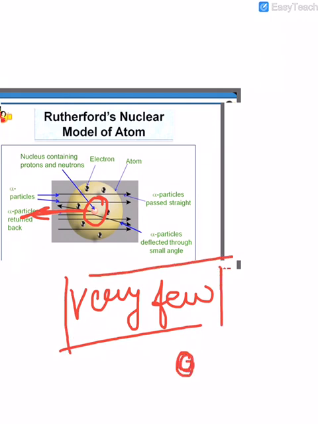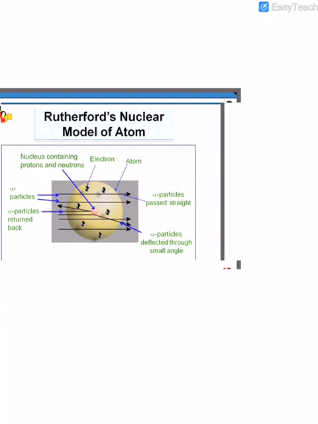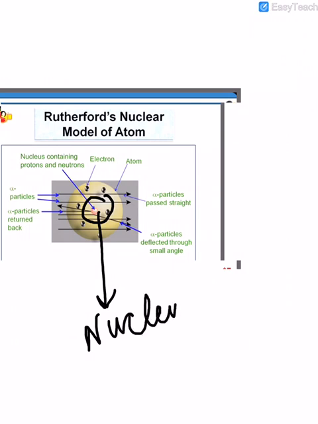It means that this heavy, positively charged body is present in a very small volume within the atom. So this small heavy positively charged body present within the atom was called the nucleus.